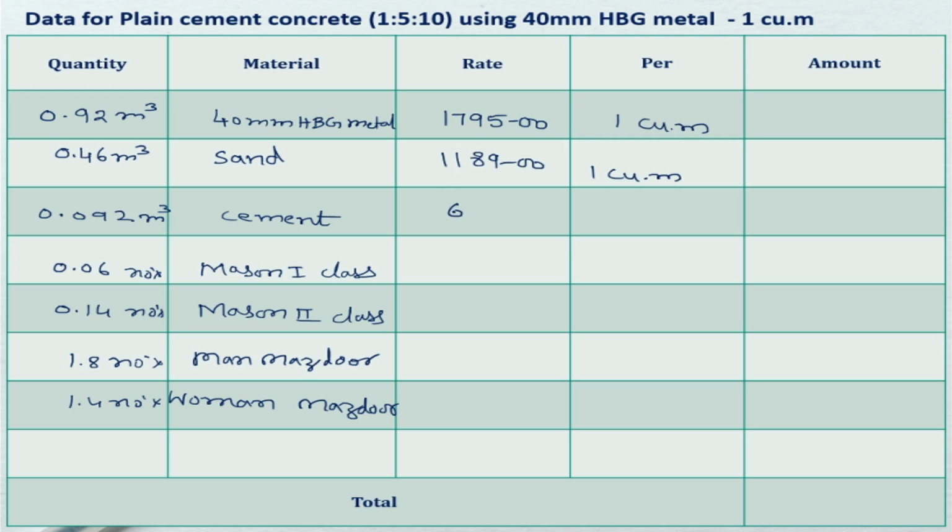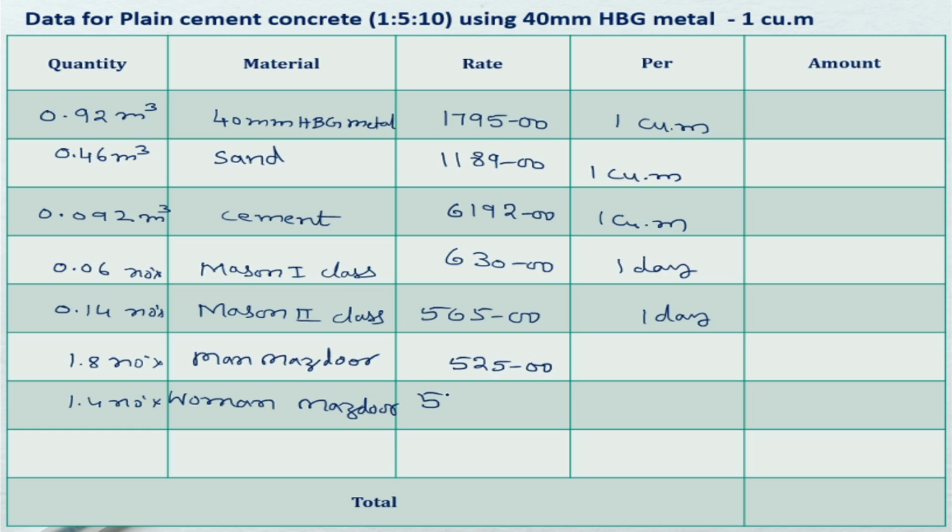Cement rate is 6,192 rupees per cubic meter. ₹630 wage is paid to the mason first class for 1 day. ₹565 wage per 1 day. For man mazdoor and woman mazdoor, wage is ₹525 for 1 day.